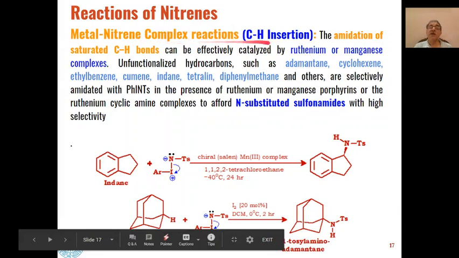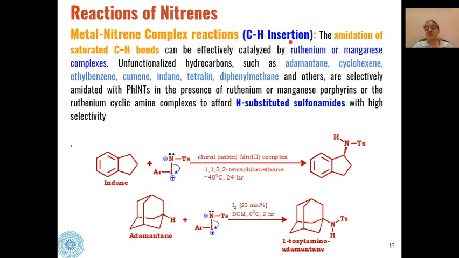Then another is carbon-hydrogen insertion reactions. The examples which we have seen till this slide were all addition to a carbon-carbon double bond. Now we will see some examples of carbon-hydrogen insertion through metal nitrene complexes.